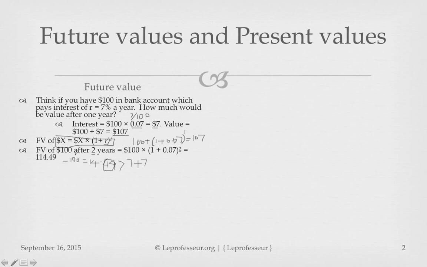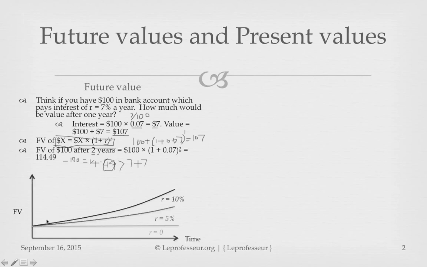Good. So always remember this formula. Future value is present value multiplied by 1 plus interest rate to the power t. Because of the interest rate, your future value increases exponentially. How? Let's see in a graph. If your interest rate is 0, then it's flat.